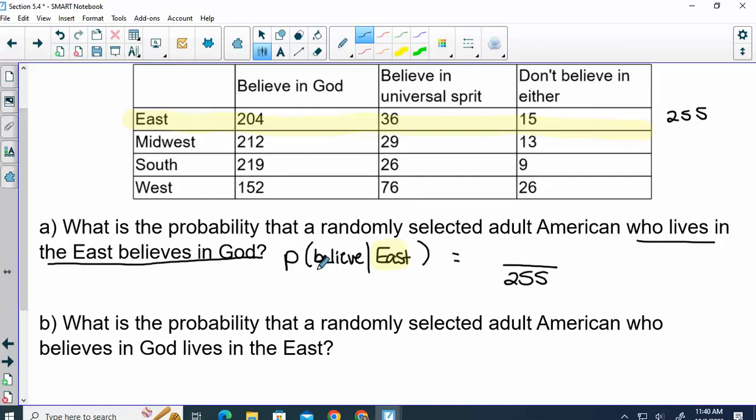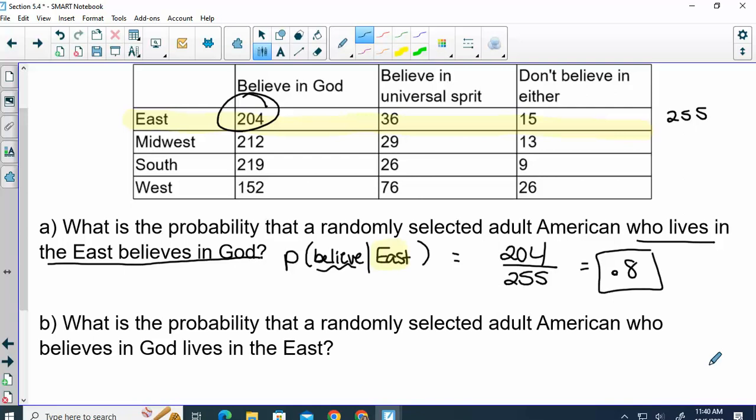My numerator, I want the people that said, yes, I believe. So how many of those? So 204 divided by 255. And we get 0.8. So an 80% chance that if they were from the east, they said they believed.